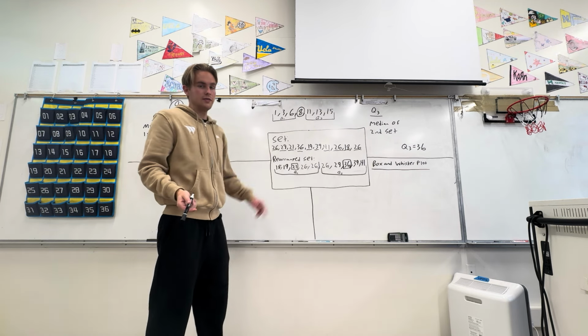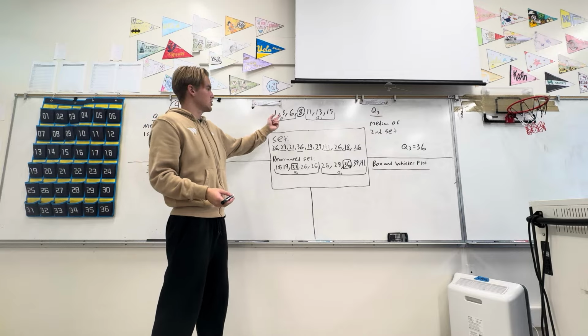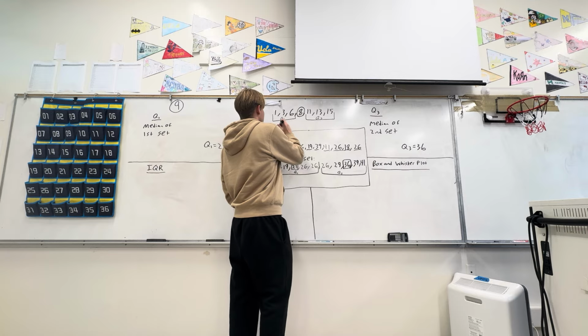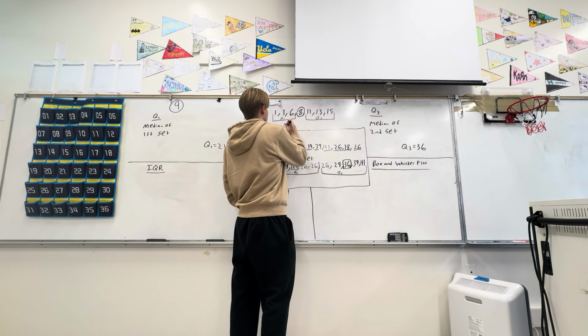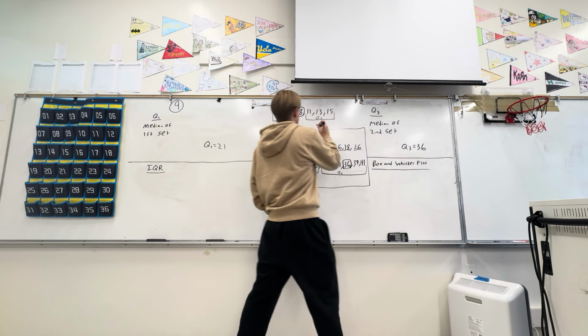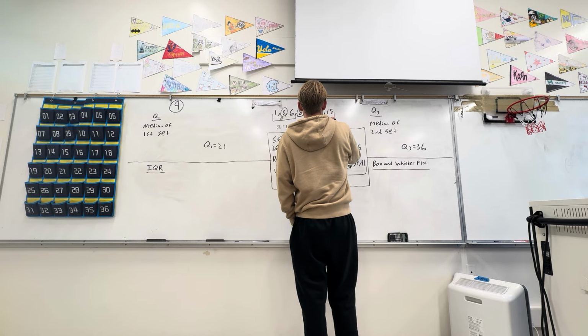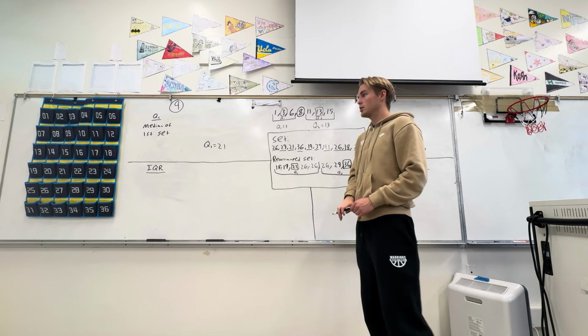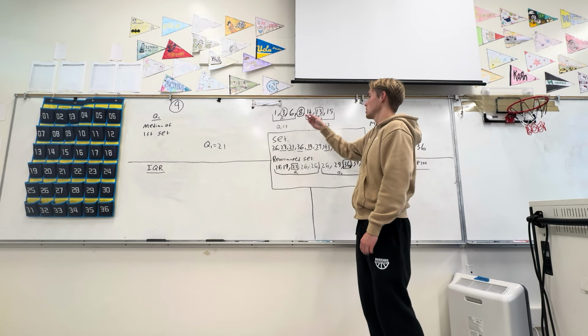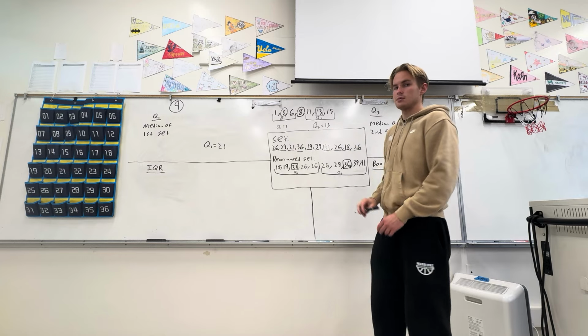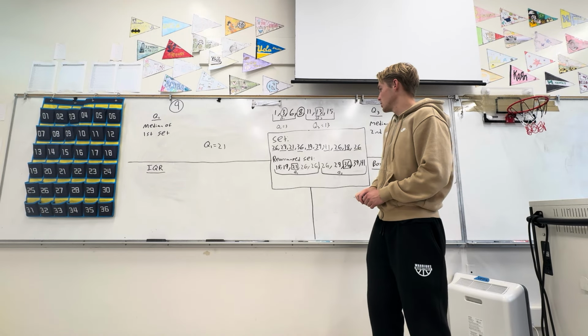So for this one, Q1 would be 3, since it's the median of these 3 numbers. Q3 would be 13, since that's the median of those 3 numbers.